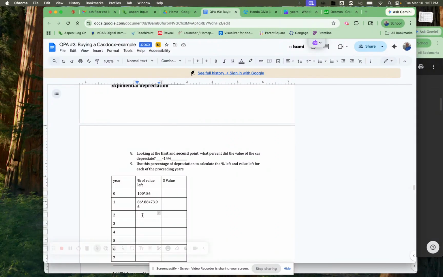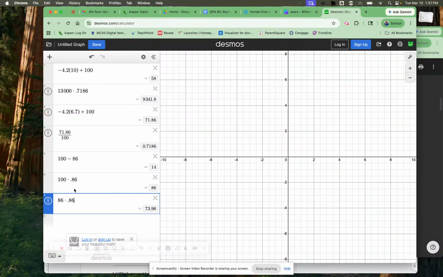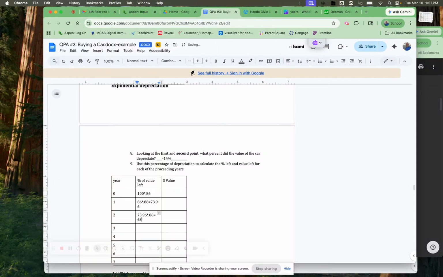So I'm going to take 73.96 and multiply it times 0.86, and I'm going to get 63.6. So after 3 years, my car is worth 63%. I'm going to take that again, 63.6, and multiply it by 0.86.